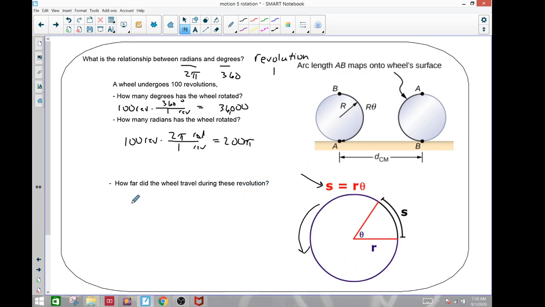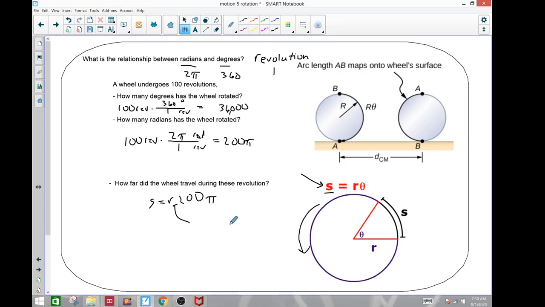S is the distance, so the distance would simply be R times 200 pi. If you give me R, I will give you the length of the actual distance.